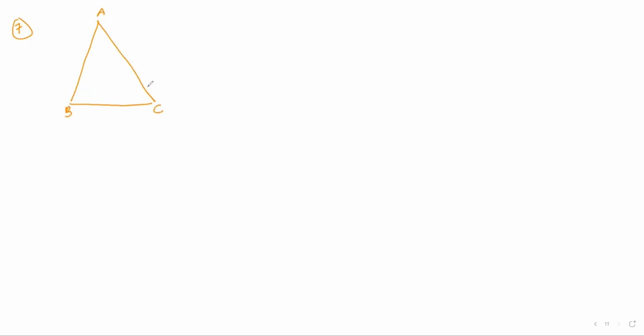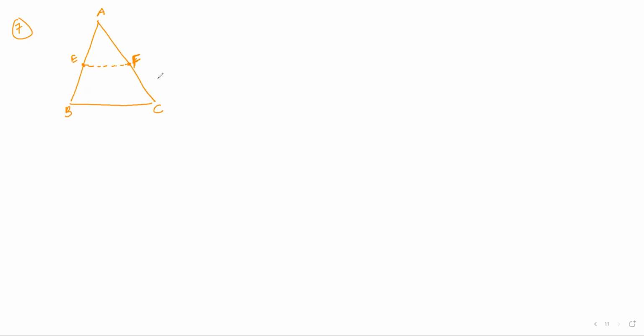So I'm taking the midpoint of one side, let me call it E, right? So I'm drawing a line through the midpoint and parallel to the third side. And I have to show that this line, sorry, F, also bisects the side AC. I mean, F is also the midpoint of AC.